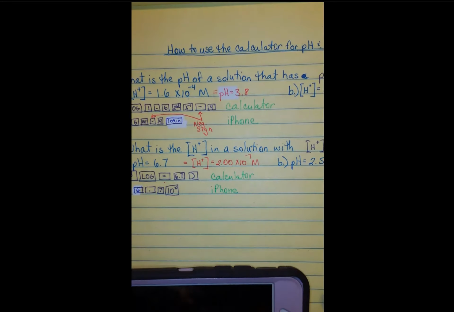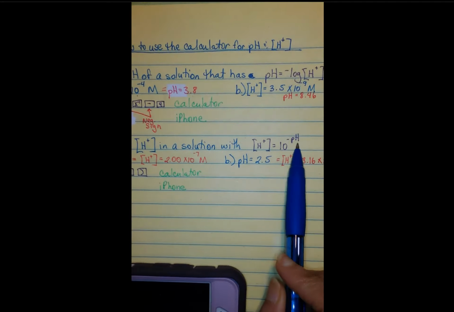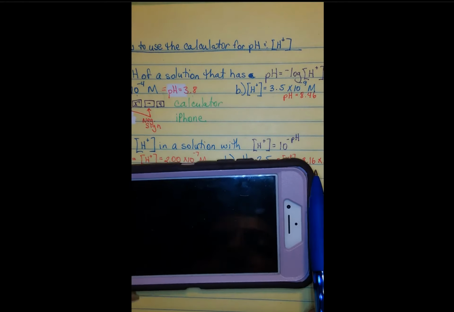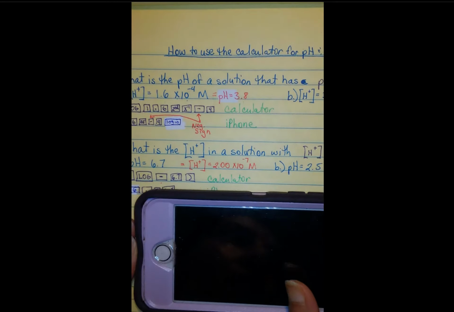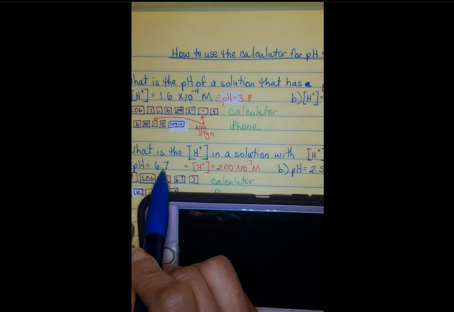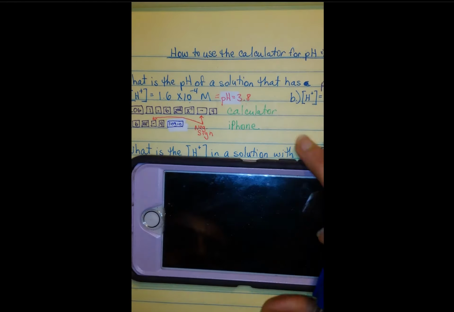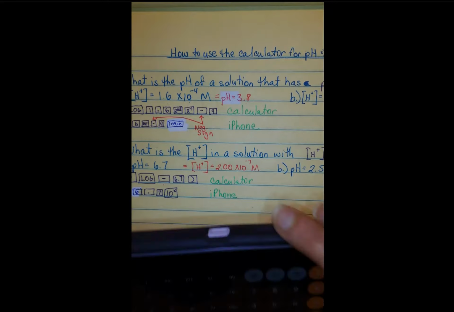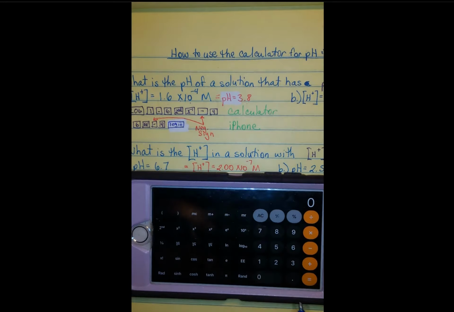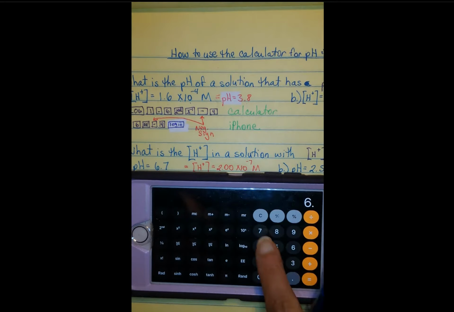So you're going to start off with the negative pH. The value we're given for this problem is that the pH is 6.7. So we're going to put in the negative pH value in our calculator. Press this negative button right up here and then 6.7.